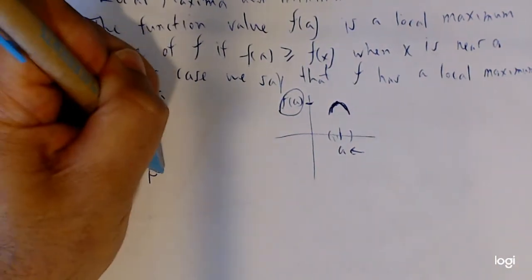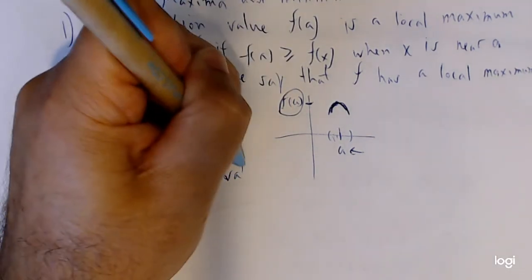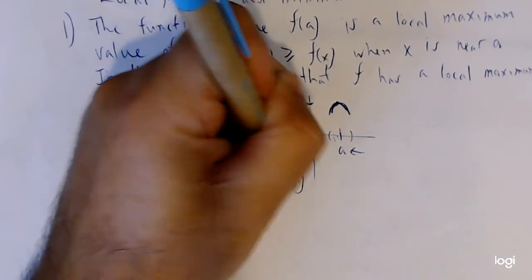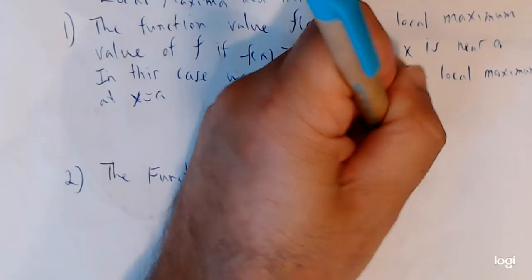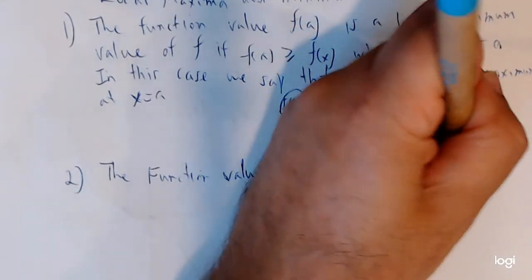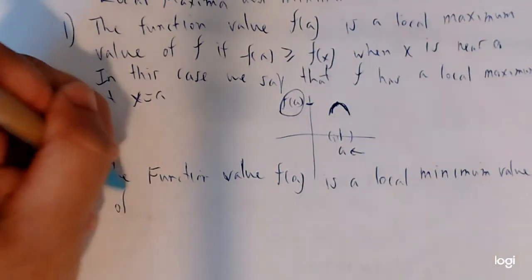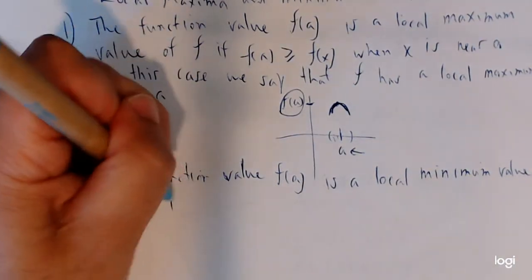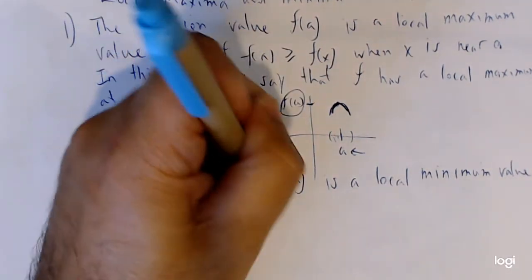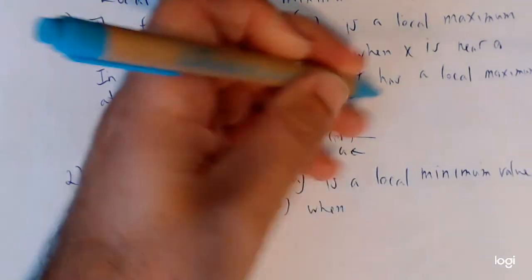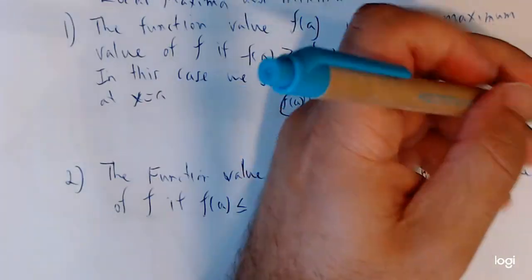So the function value f of a is a local minimum value of f if f of a is less than or equal to f of x when x is near a.